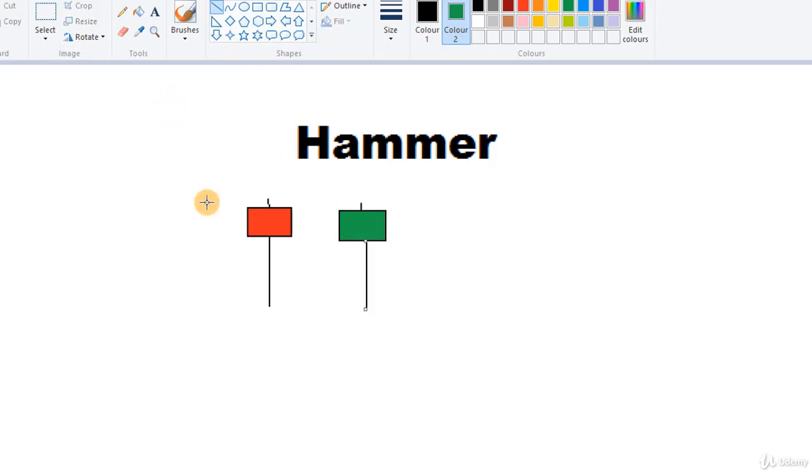Now, if we find a hammer in a downtrend, we call it a hammer. But if we find it in an uptrend, we call it a hanging man. There is not a big significance to the color of a hammer or a hanging man, but let's say we are in a downtrend and we find a green hammer, then it has a little more significance than a red one, because a hammer will lead to a trend reversal.